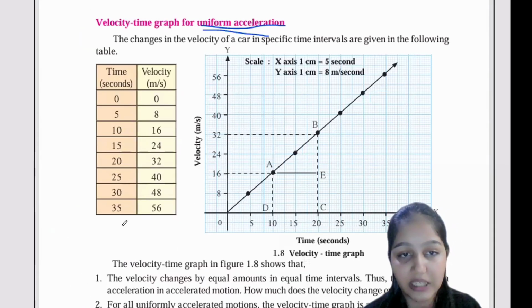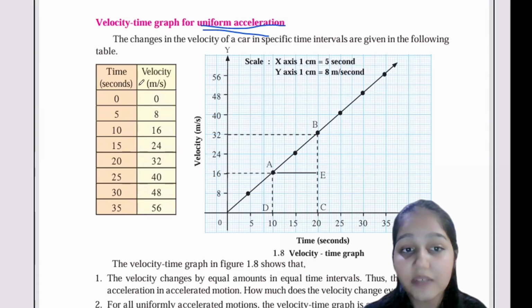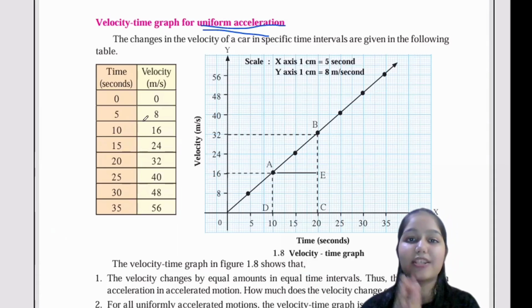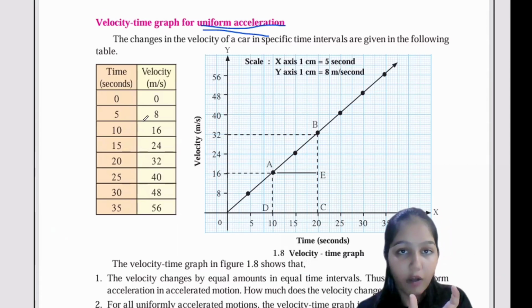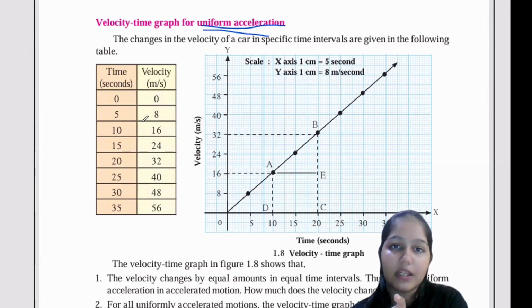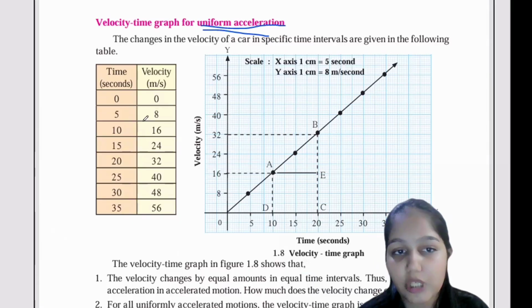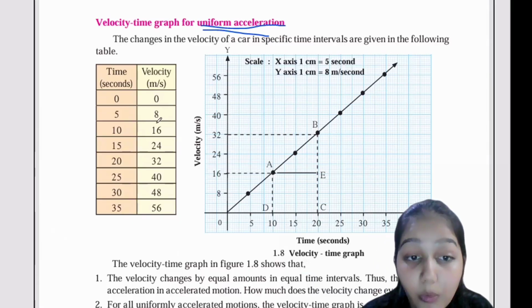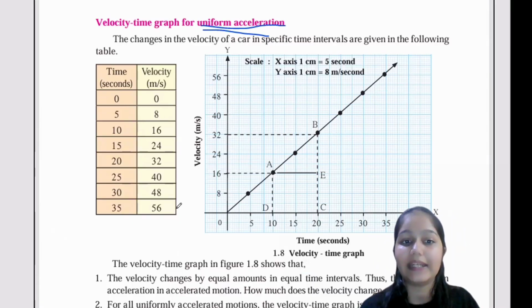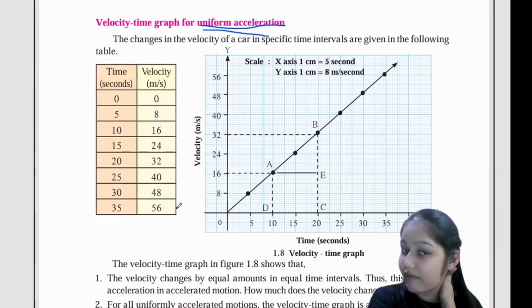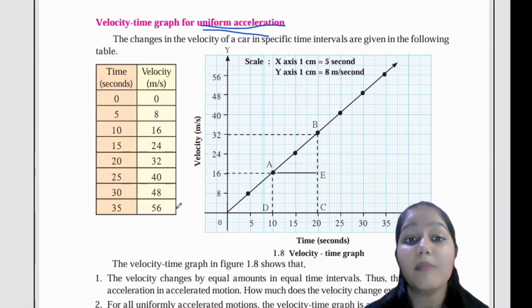This time interval is clear. Here also the velocity has to change, because acceleration means what? Rate of change of velocity. So there is the word change of velocity, means the velocity has to change. It is changing by an equal interval of time, by 8, 8, 8, 8, 8, a difference of 8 everywhere. So it will be a uniform acceleration.